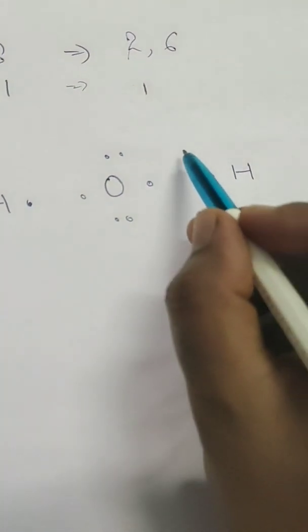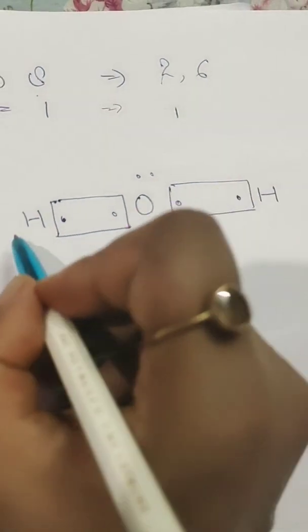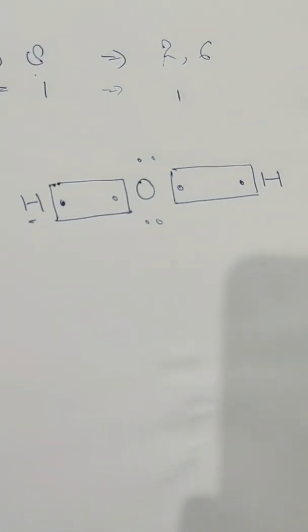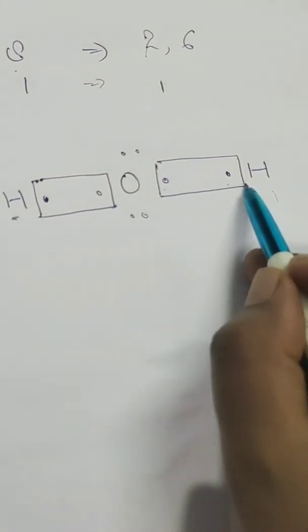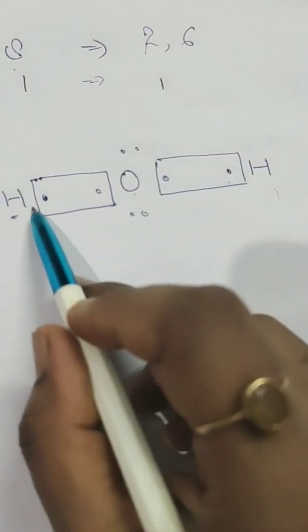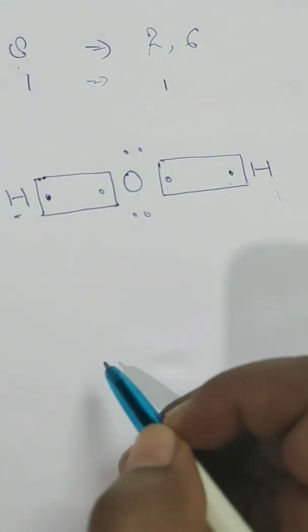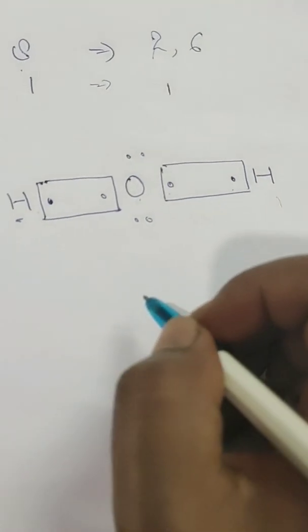It has only 1 electron, so it needs 1 more. So each hydrogen will share 1 electron with oxygen. This hydrogen had only 1 electron and it wanted 1 electron to complete its duplet, so it shared, and here the oxygen got 1 from this and 1 from this. That means the oxygen got 2 electrons from 2 different hydrogen atoms. So it formed a bond.